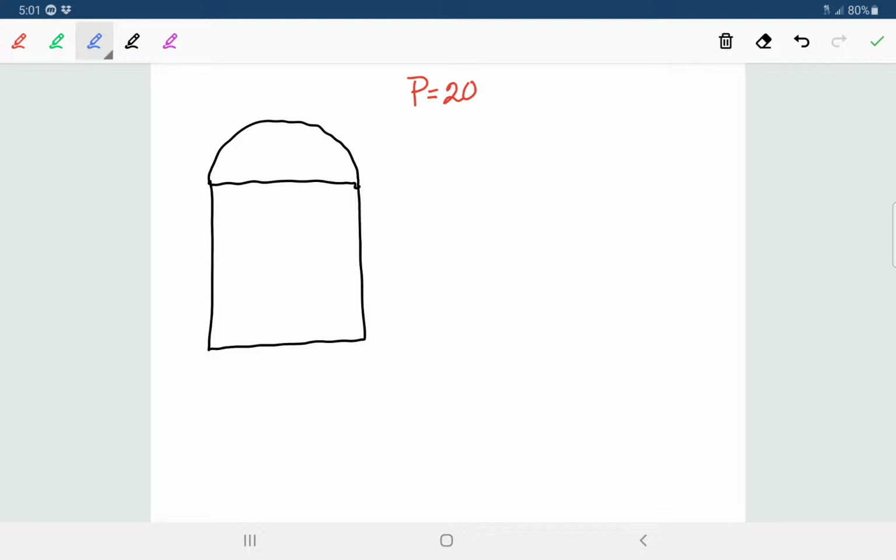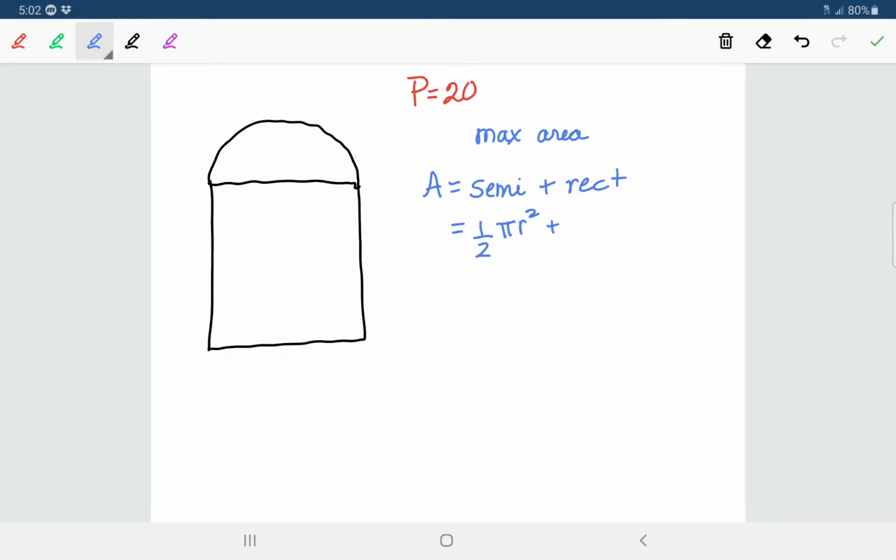We are looking to maximize area. So we know the area is going to be the area of the semicircle plus the area of the rectangle. The area of a circle is pi r squared, so if it's a semicircle, it has to be 1/2 pi r squared.